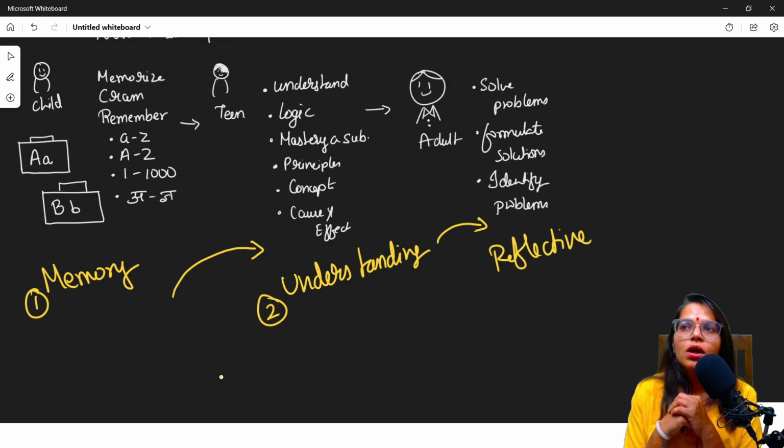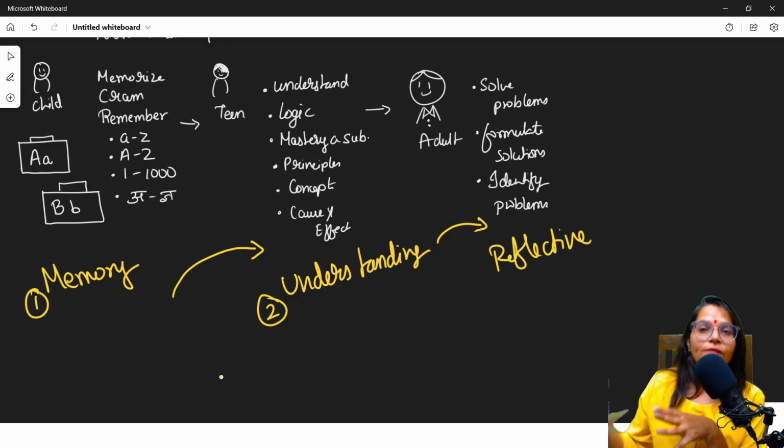But if there are more words like understanding a subject, mastery of a subject, logical reasoning, cause and effect, understanding the concepts, application of the concepts, it is most likely that the question is discussing understanding level.